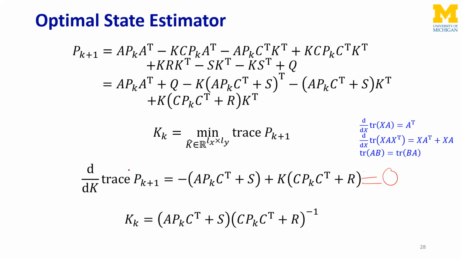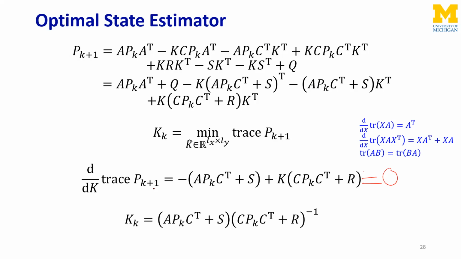So we take the gradient of the trace of P_{k+1}, which is given by this equation, and we set that equal to 0. So the necessary condition for a minimum value is setting the gradient to 0. And by setting the gradient to 0, we are going to find our optimal gain. So the optimal gain is simply given by this equation.